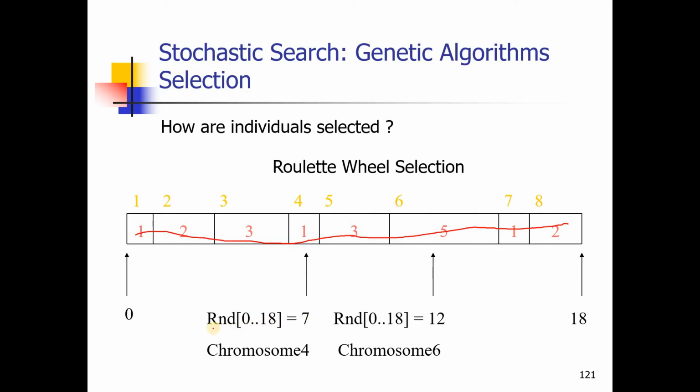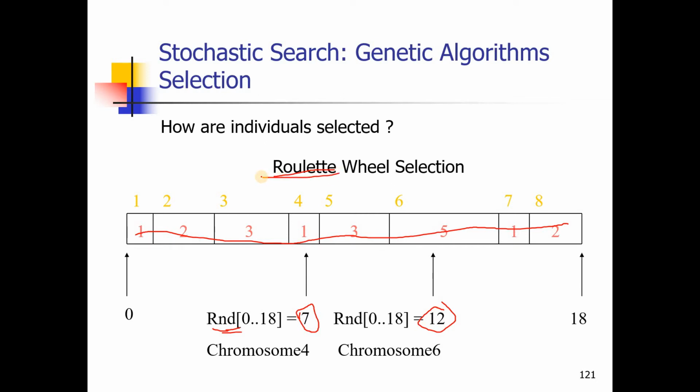How do you select it? You select randomly. For example, you have 19 different chromosomes, and each time you randomly select one of them. The first time you selected 7, and the second time, for example, 12. So it is a pure random selection, just like the roulette wheel.